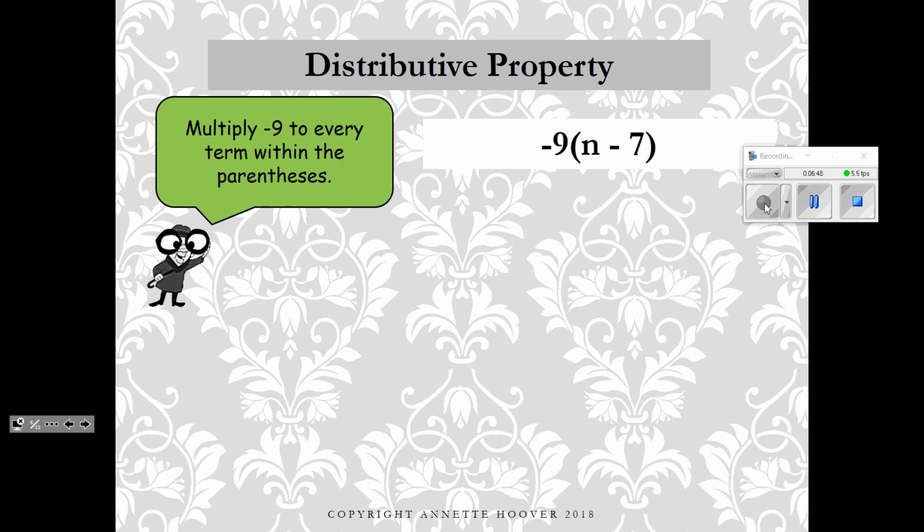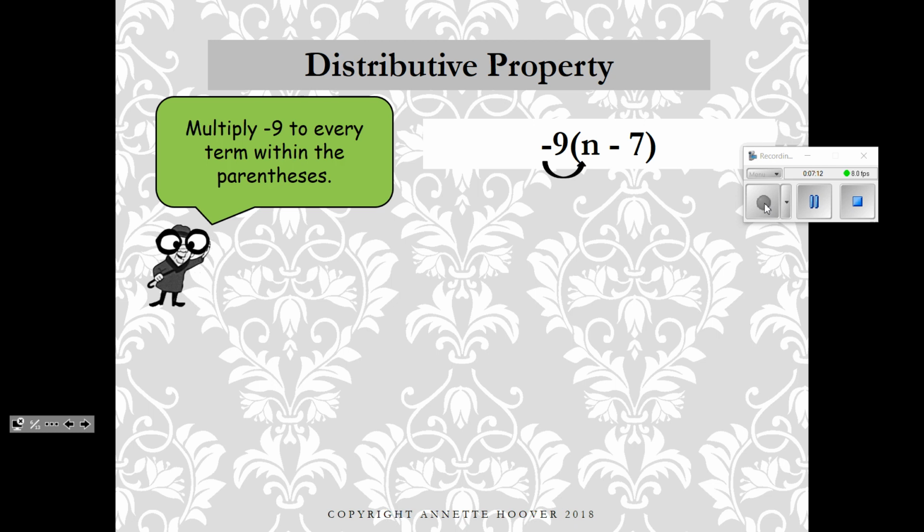Negative 9 times the difference of n minus 7. Again, we're multiplying negative 9 times the first term, which is n. That would give us a negative 9n. And then we're going to multiply negative 9, and notice this negative sign right in front of the 7. If you were to add the opposite, you can just look at that and see that as a negative.